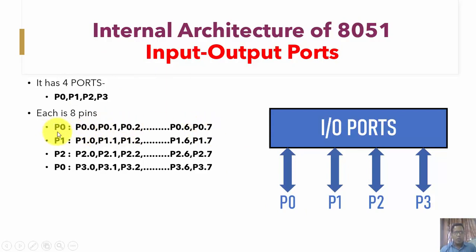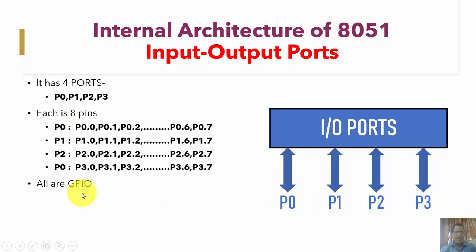So in this way, one port P0 consists of 8 different port pins named P0.0 up to P0.7. Similarly, when we consider port P1, then P1.0, P1.1. In this way, each of these ports has 8 different port pins.